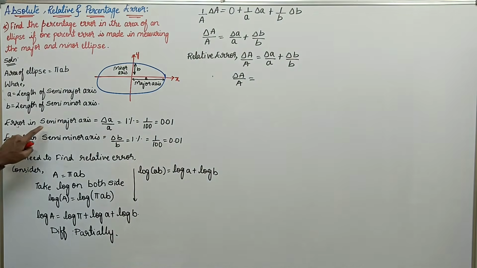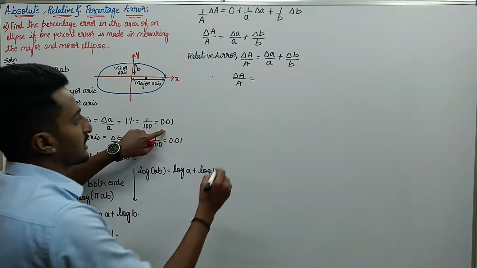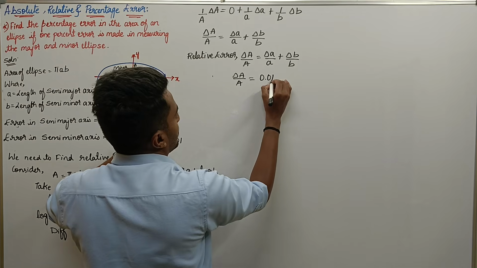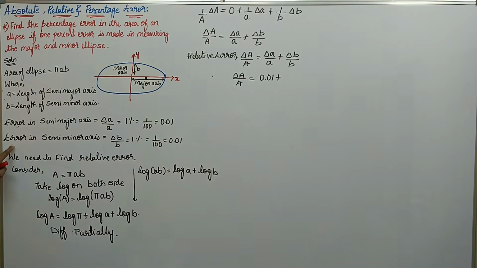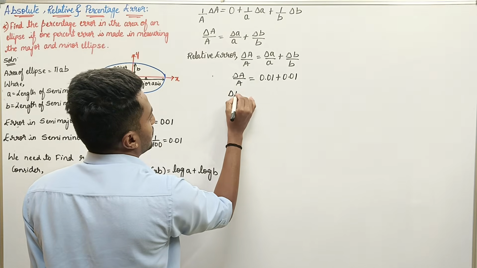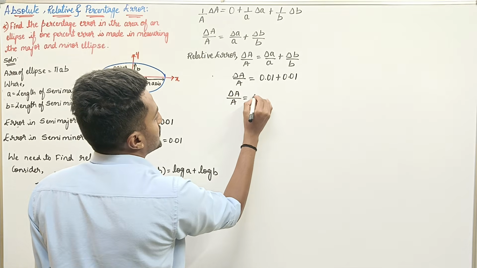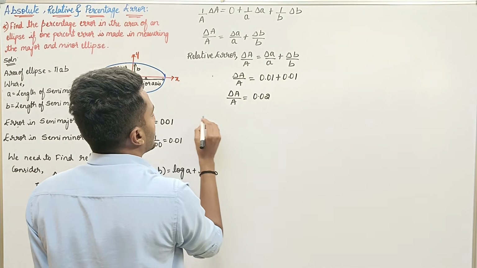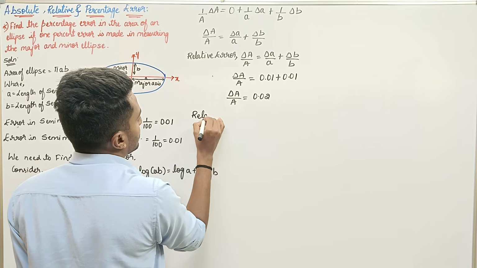That is the error in the semi major axis, which we have represented as 0.01. Similarly, the error in the semi minor axis, del b by b, is 0.01. Add these two terms, and del A by A is equal to 0.02. This we call the relative error.